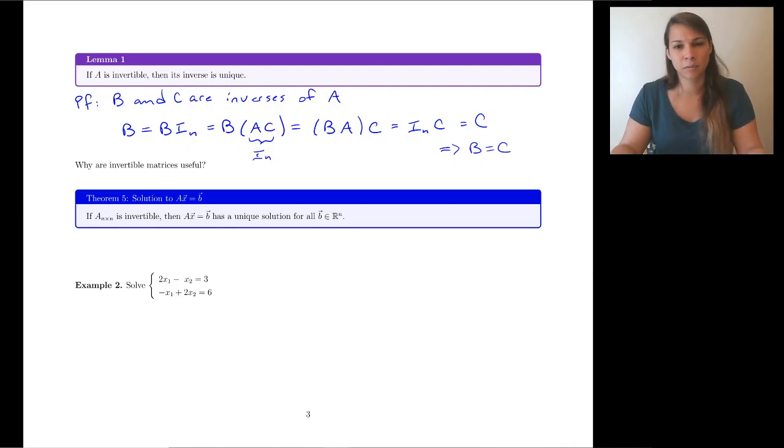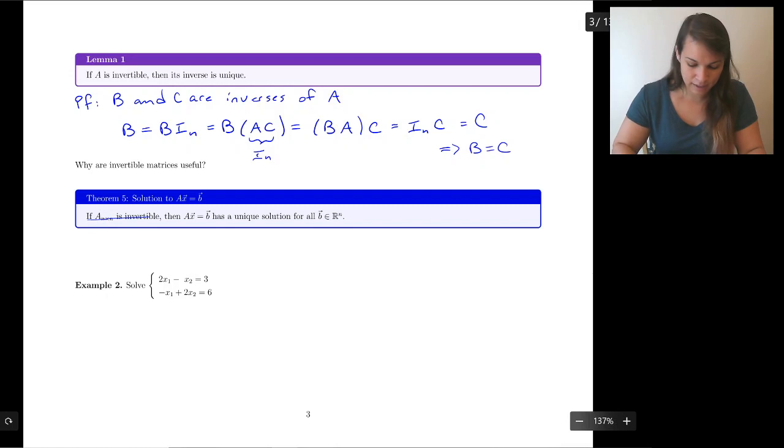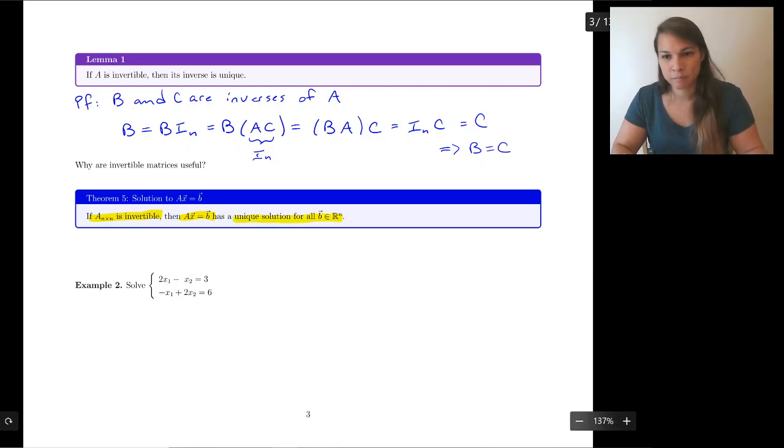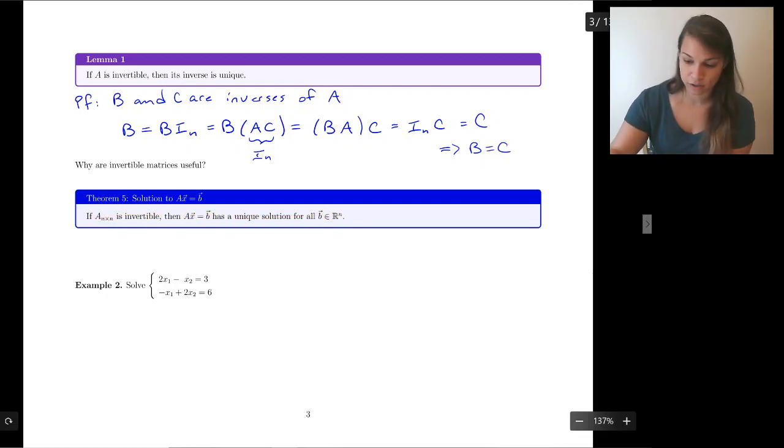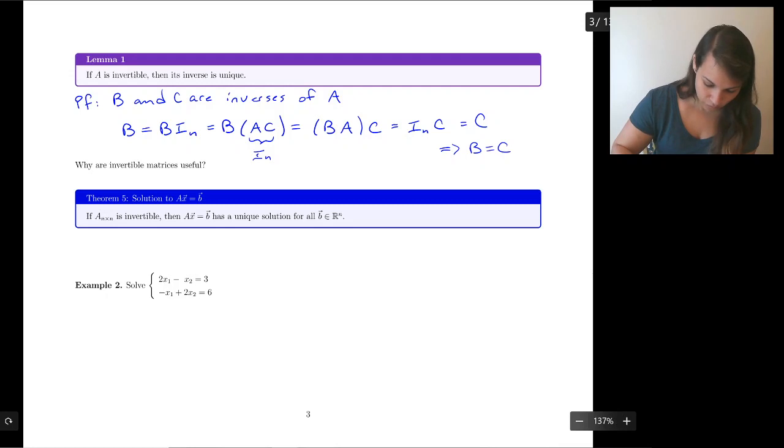So why are invertible matrices useful? Well, let's say we've got A and it is invertible. Then AX equals B has unique solutions for every B in Rn. How do we know it has a unique solution? Well, we have AX equals B, and then I can multiply A inverse on both sides.